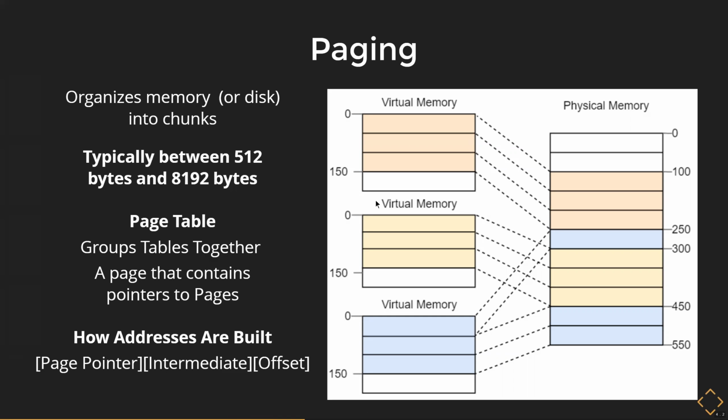What a page table does is it groups a bunch of pages, and it stores the pointer to the beginning of that set of tables into a particular page. So basically, think of a page table as a page pointing to other places in memory.